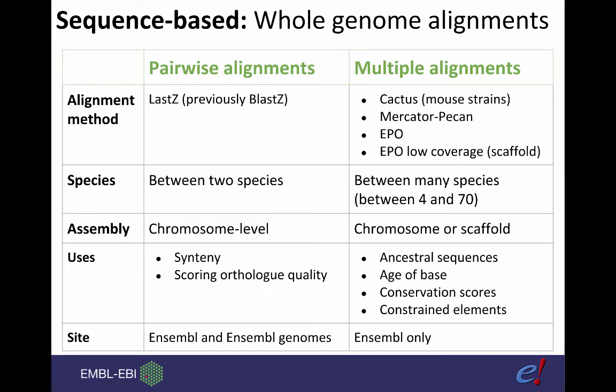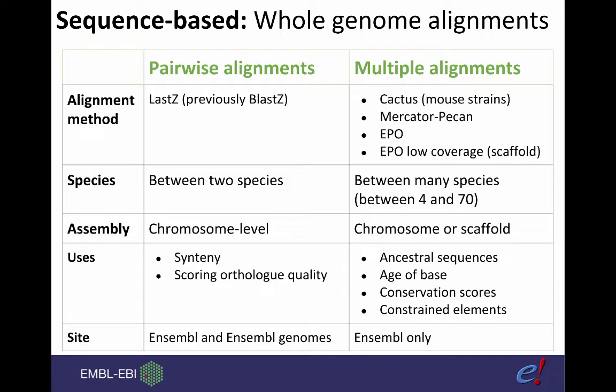We have two types of alignments, both pairwise and multiple alignments. These are derived from different alignment methods. For the pairwise ones we use LastZ, whereas the multiple alignments use a range of different methods, which I'll talk about briefly, for different groups depending on their evolutionary distance.